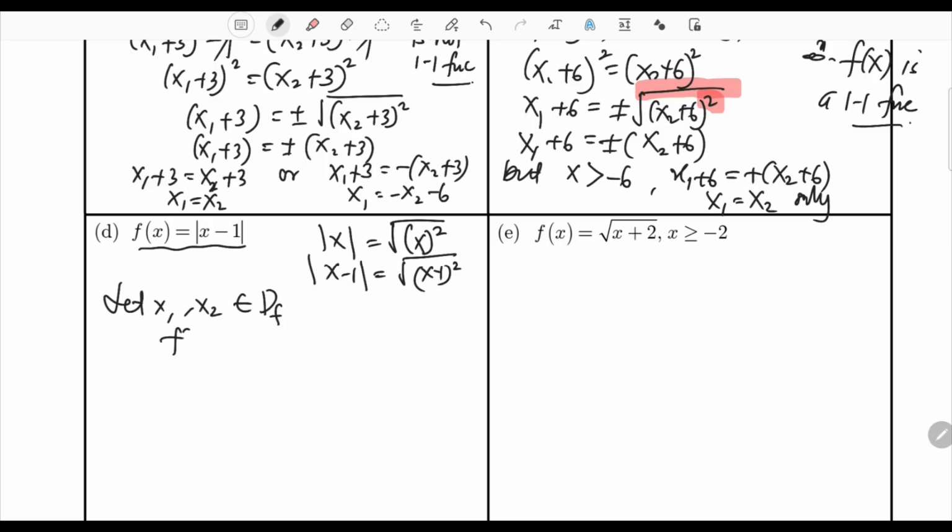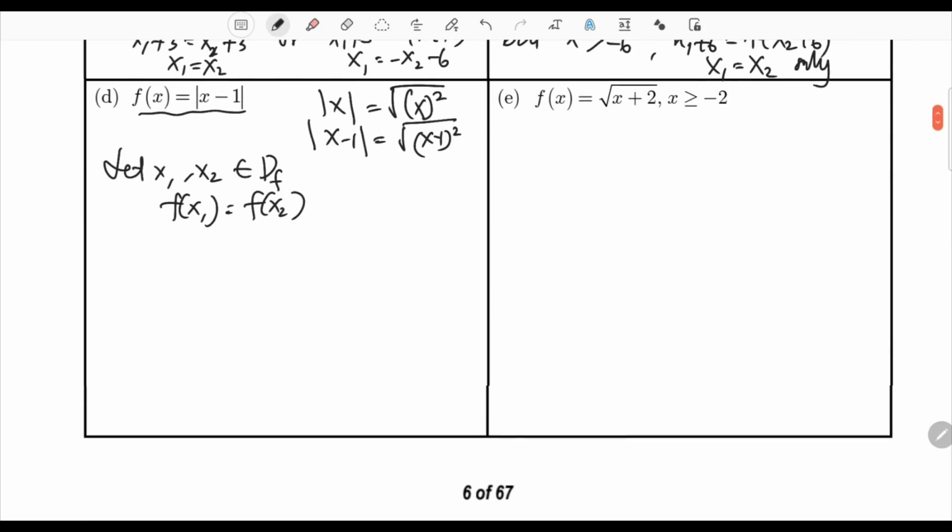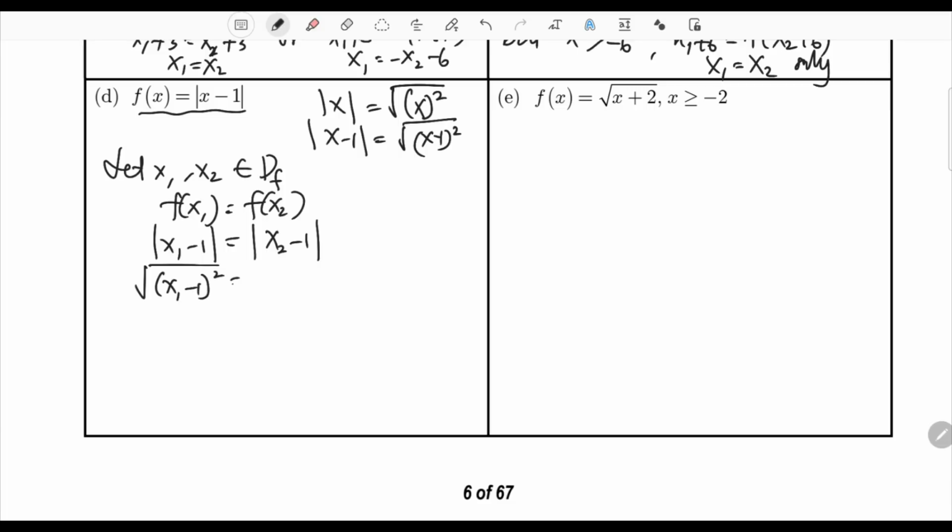So we get f of x1 equal to f of x2. Okay, modulus of x1 minus 1 equals modulus of x2 minus 1. Okay, by definition, so square root of x1 minus 1 squared equal to square root of x2 minus 1 squared.